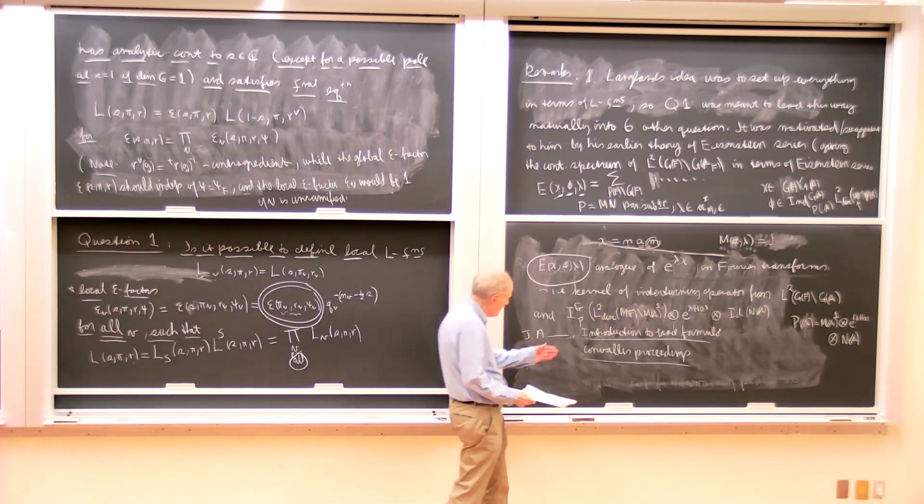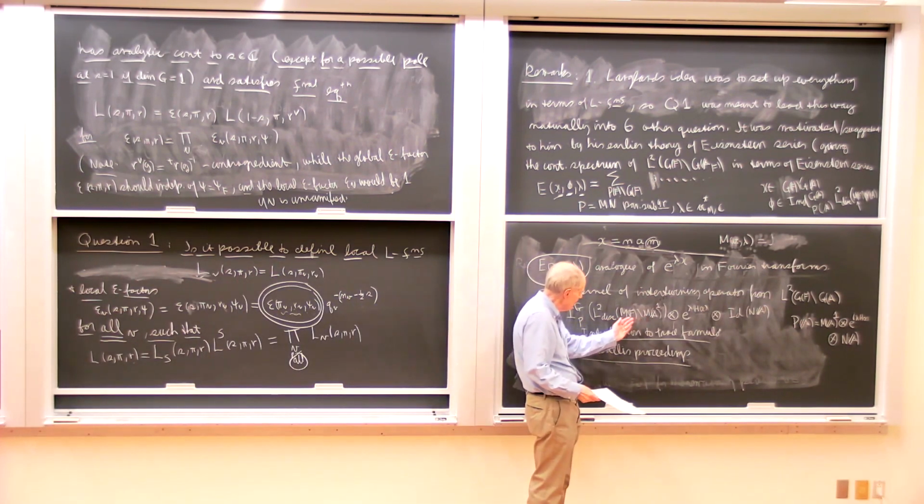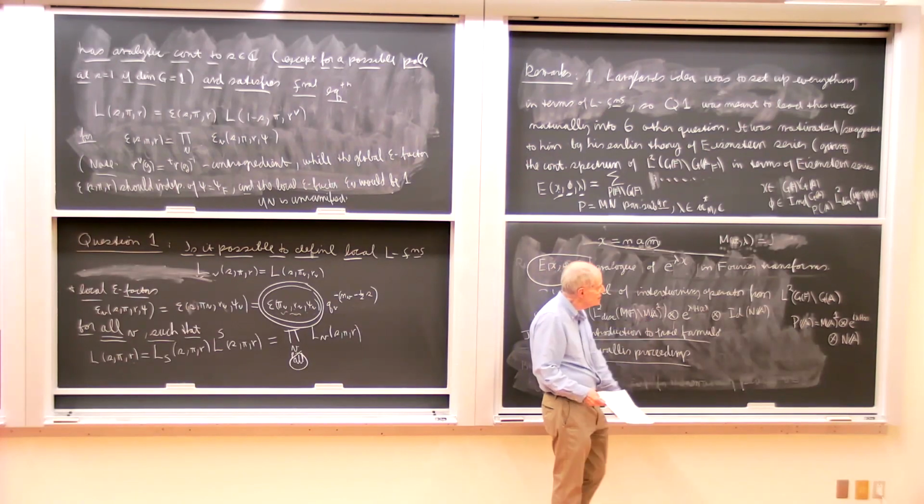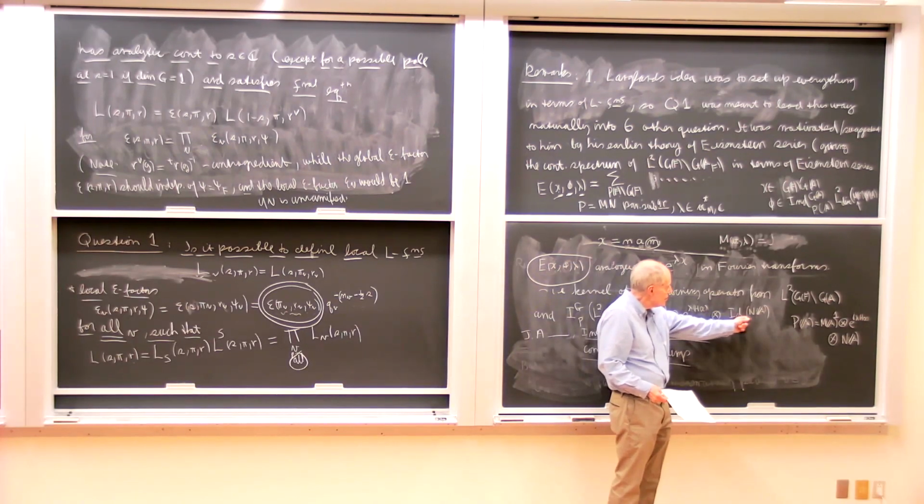you have the discrete spectrum here, but you also have a representation of what turned out to be the dual group of M on the Lie algebra of N, the unipotent radical.